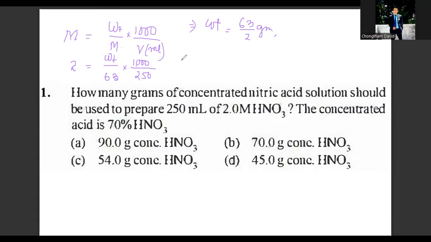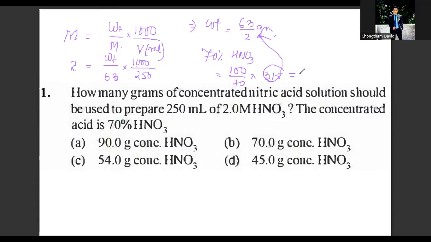So the weight of 70% acid would be, you have to multiply this value 63 by 2. 70% of this nitric acid would give 100 divided by 70 into 31.5, because this is the value you have obtained by dividing 63 by 2.